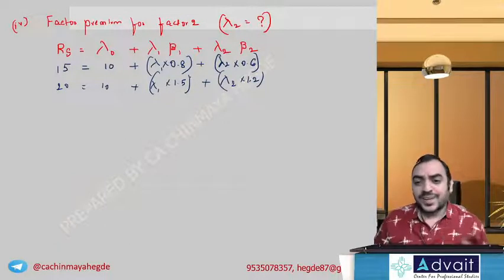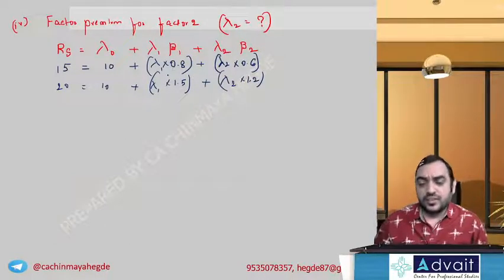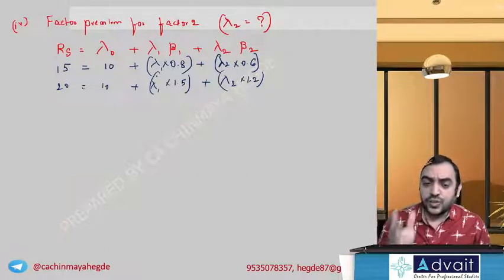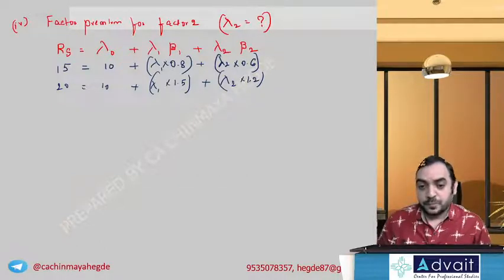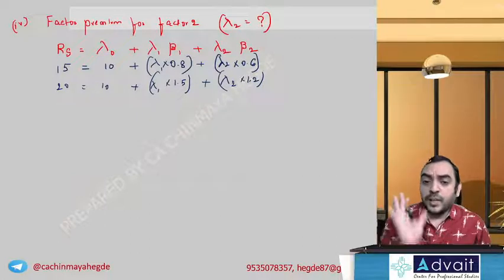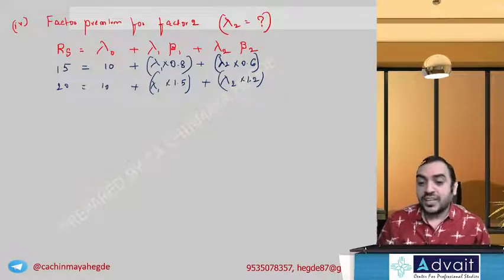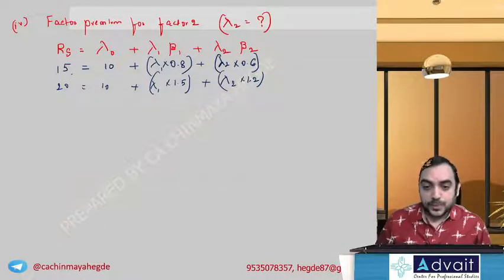Now we are not calculating anything for the portfolio here. We are calculating the pure factor premium based on the respective securities. If you look at this equation, lambda 1 and lambda 2 are unknown. So we can solve this by solving simultaneous equations. That's all that is required. So 15 minus 10 becomes 5.